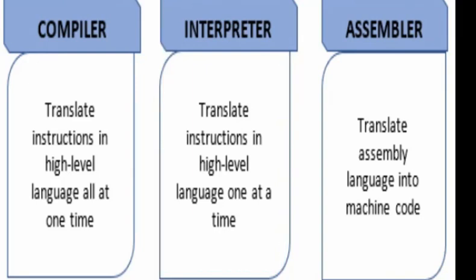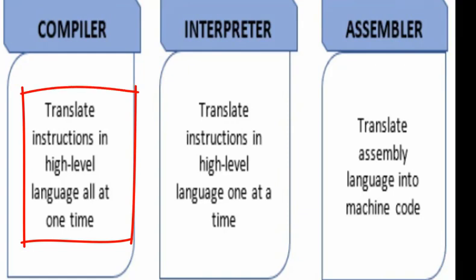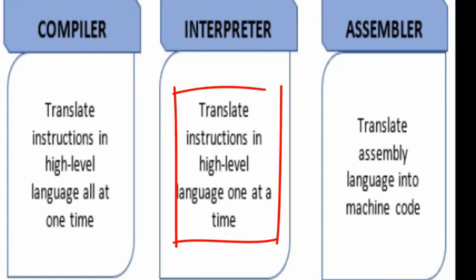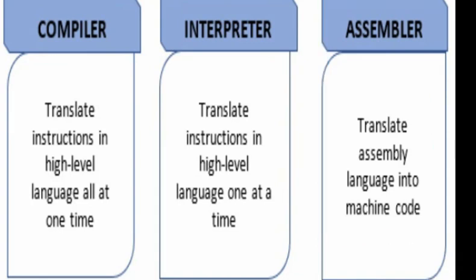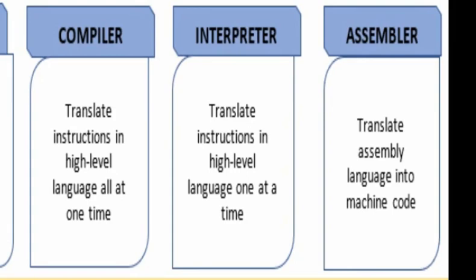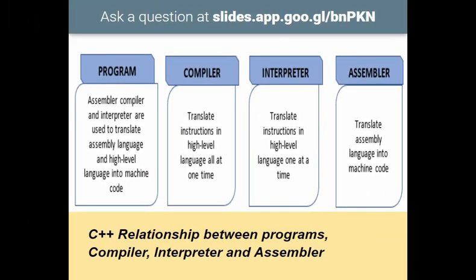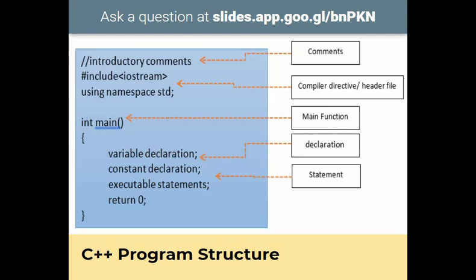When it comes to the assembler, it translates assembly language into machine code, meaning the zeros and ones, which is the only information that the computer can understand.